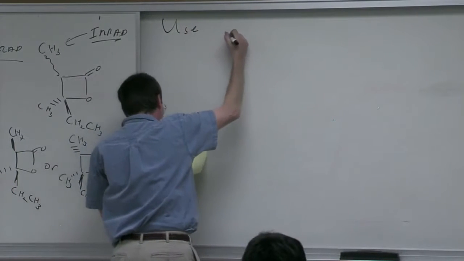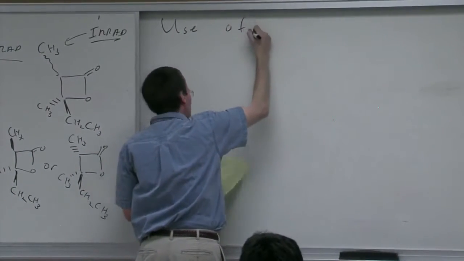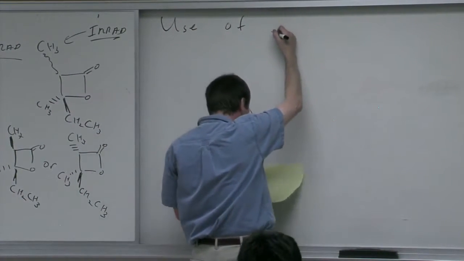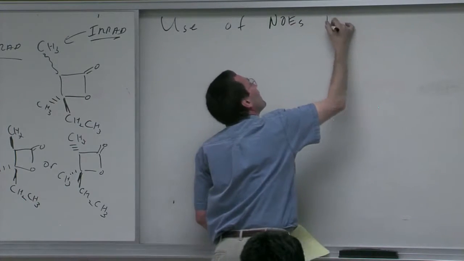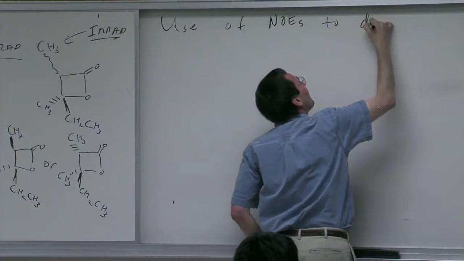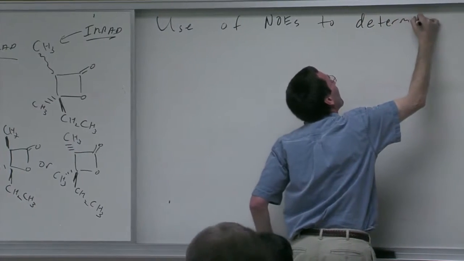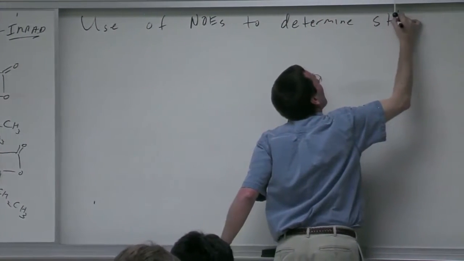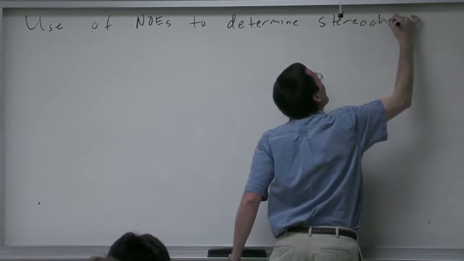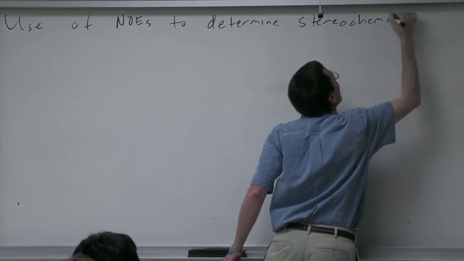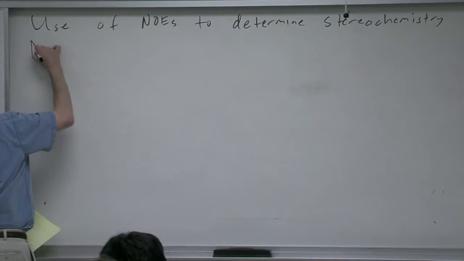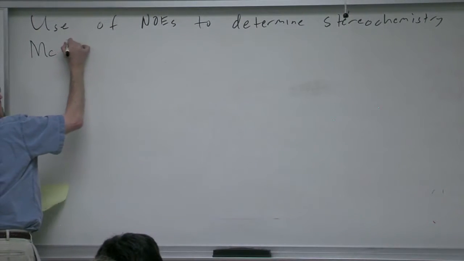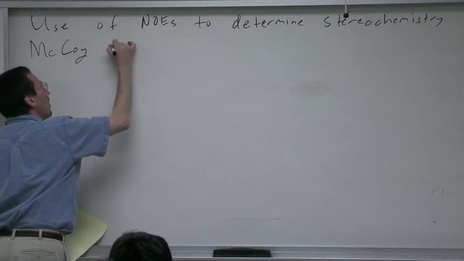This is just one I pulled from my own experience. Use of NOEs to determine stereochemistry. And the example I'm going to pull is kind of a cool reaction. It's a name reaction that probably nobody in this room has heard of. It's the McCoy reaction.